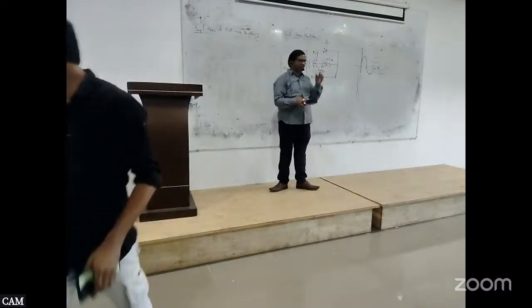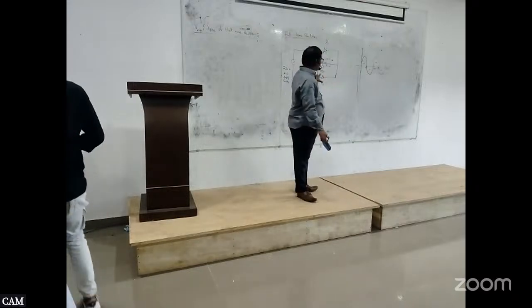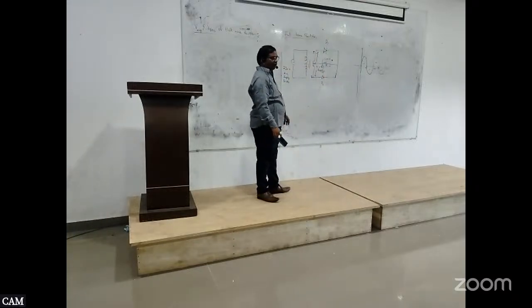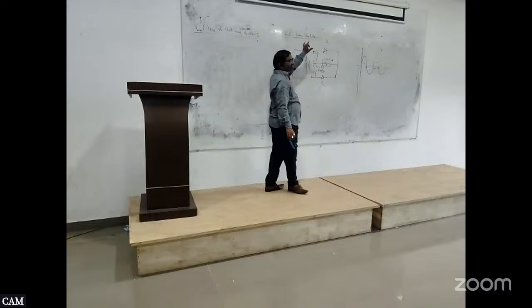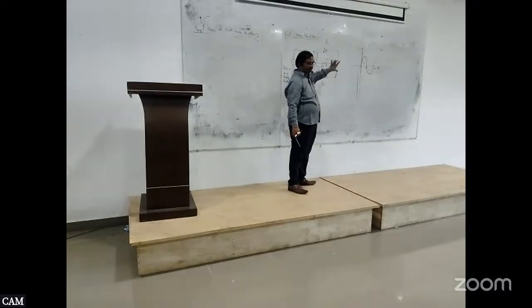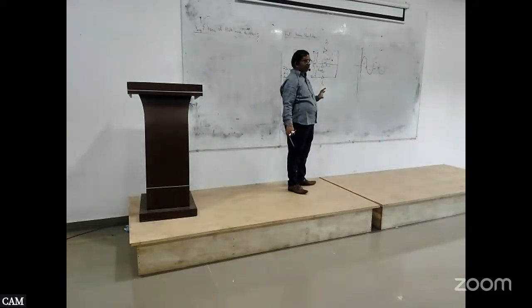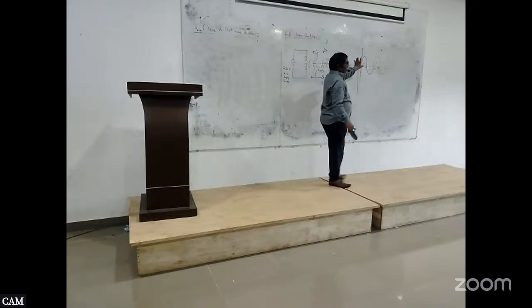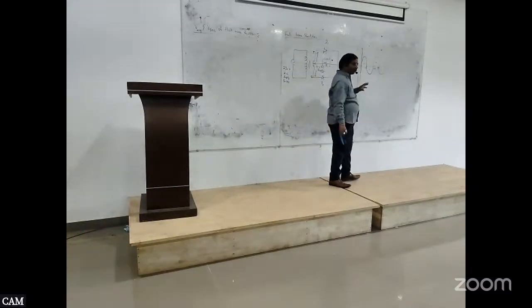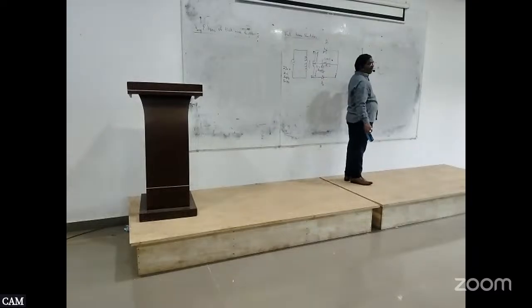So this is about the full wave rectifier. Instead of using a single diode, you will use two diodes. This is the input we are giving. So here we are able to convert positive and negative.